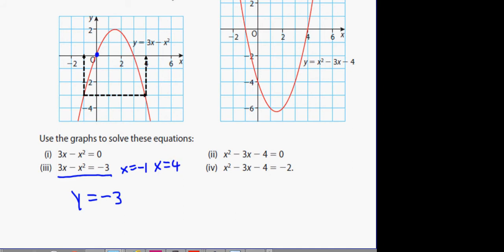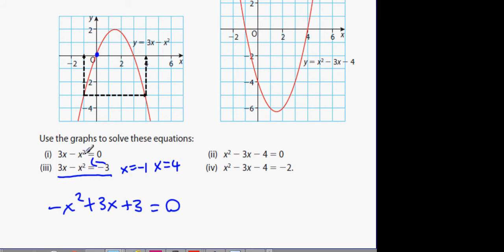Now guys, what's another way of solving this if you're asked to do it using algebra, not using your graph? How would you do it? Bring the 3 over. Minus x squared plus 3x plus 3. Then what would you do? And you'd multiply by minus 1 probably first, would you?